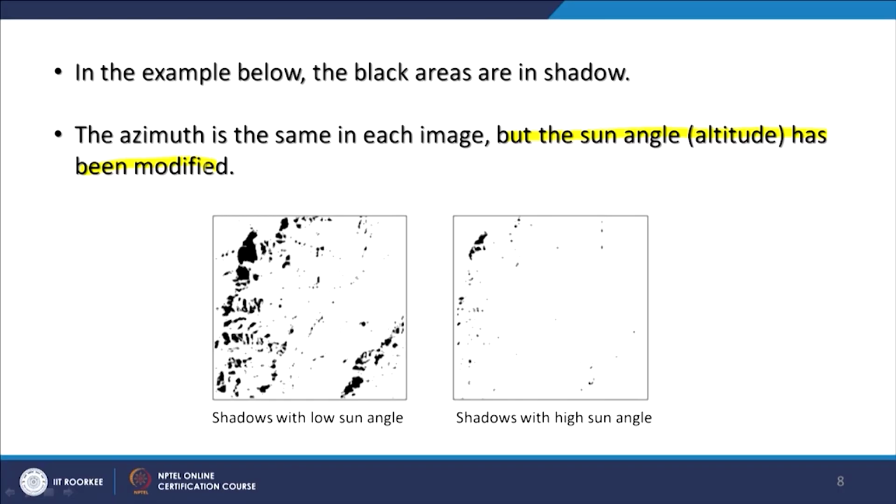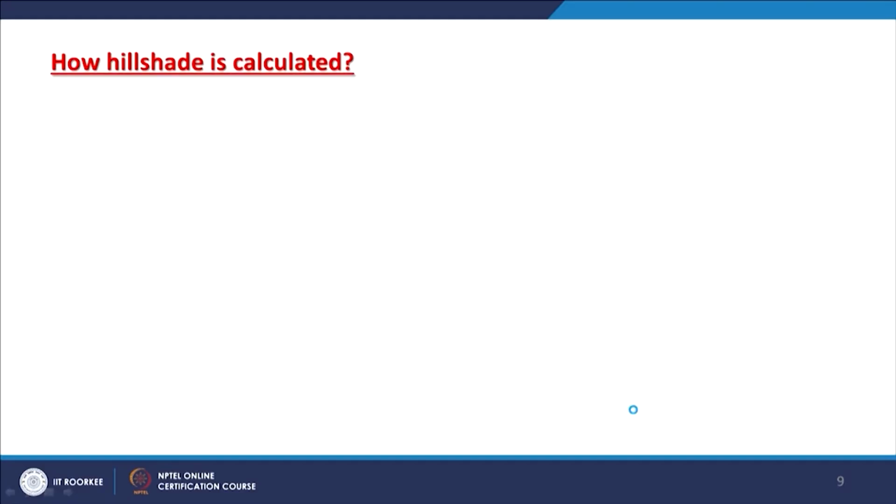As you know, when the sun is near the horizon, you would have a large shadow, and when the sun is overhead, you would have minimum shadow or virtually no shadow. Again, as I have said, it depends on where you are located on the globe and in which season, but generally it is assumed that if you are on the equator at noon time, the sun would be overhead and no shadows would be there. So, you can simulate with a low angle sun or high angle sun as per your requirements.